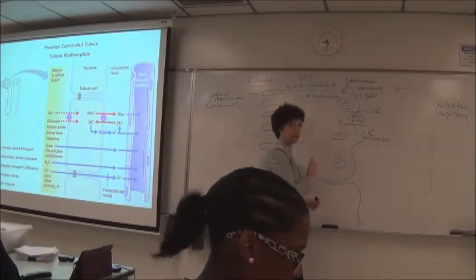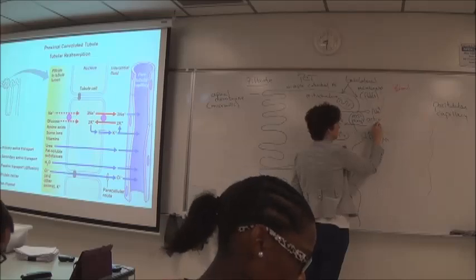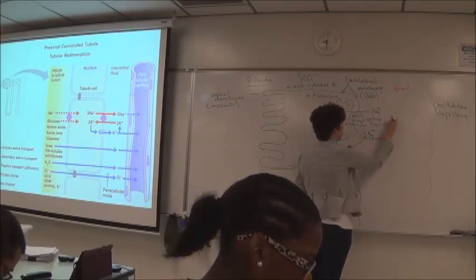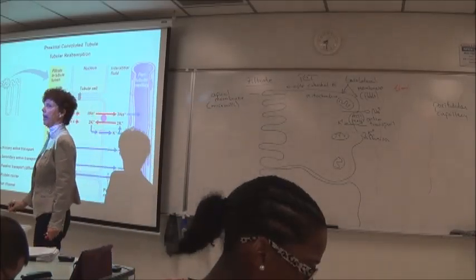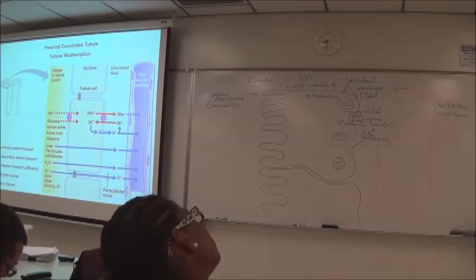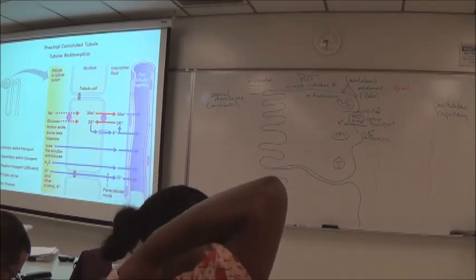This is active transport. So if we are actively transporting sodium out of our cell, what are we doing to the amount of sodium in the cell? Decreasing. We're lowering it. And we normally have a lower amount of sodium in the cell than we do outside the cell.